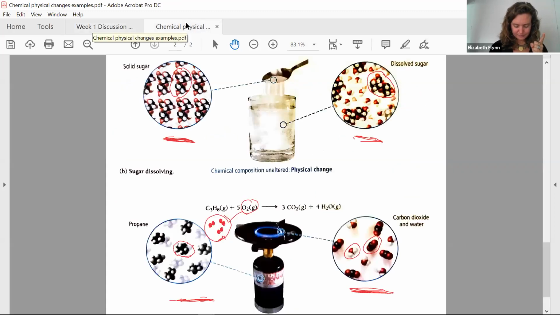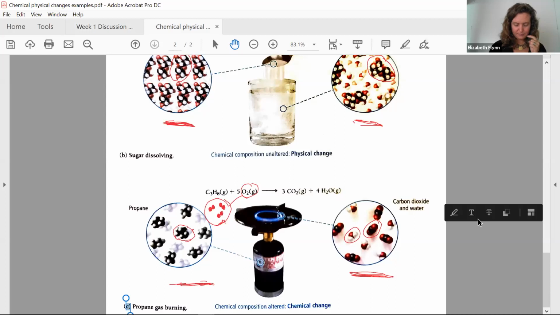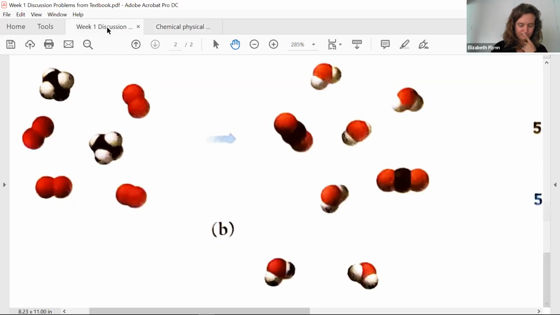Reaction B is actually combustion, right? So oxygen, and this looks like methane.